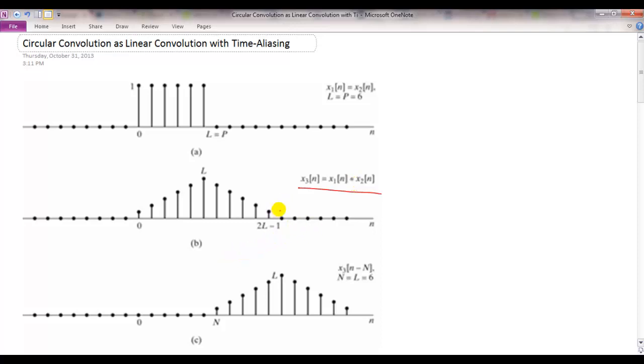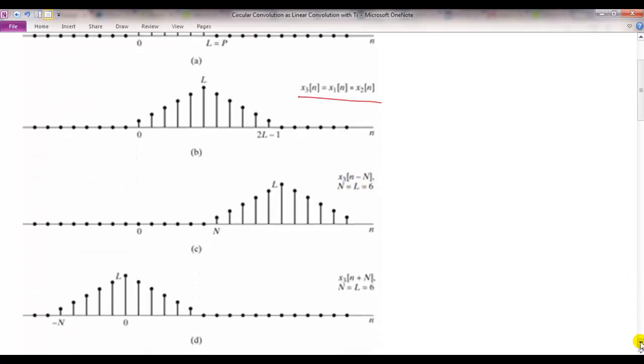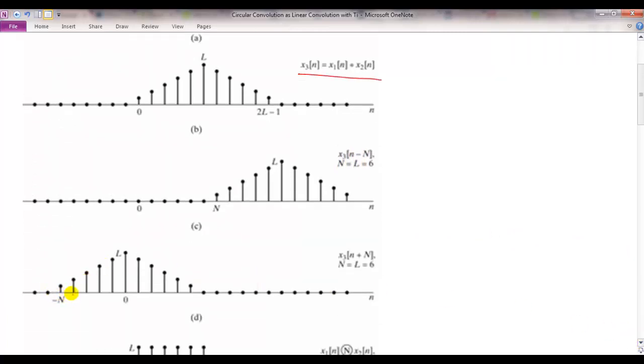And if you want to compute the circular convolution, you put one copy at 0, put another copy at n. So this is the copy of x3 at n, x3 of n minus n. Put another copy at minus n, and then add all of them up, and just look at the period between 0 and n minus 1.